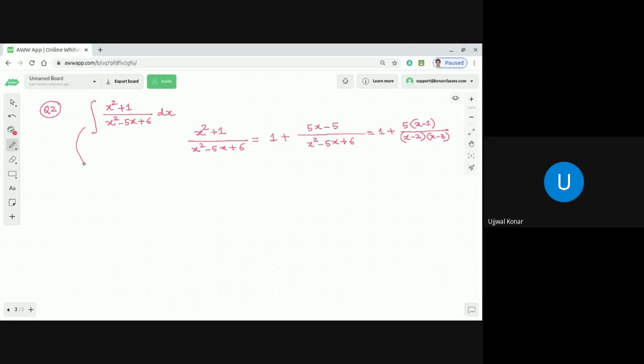So the entire integration is now becoming the integration of 1 dx, plus 5 into the integration of (x minus 1) dx divided by (x minus 2) into (x minus 3). Correct or not? Dear students, correct or not? Yes. Now, I hope you can find the integration of (x minus 1) by (x minus 2) into (x minus 3).